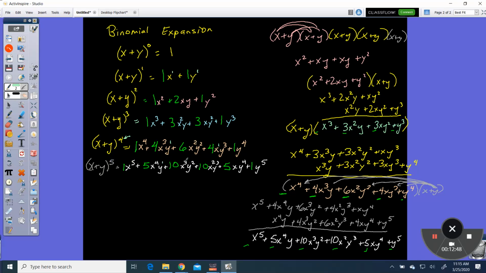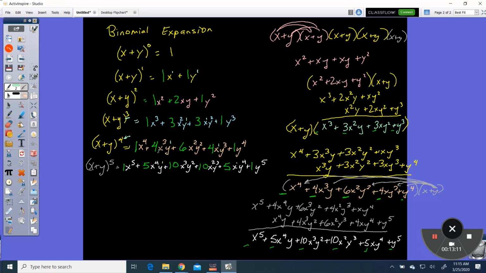So 4 plus 1 is 5, 3 plus 2 is 5, 2 plus 3 is 5, 1 plus 4 is 5, and there's 5. So on this one, with the 3, they're all going to be 3. There's a 3, 2 plus 1 is 3, 1 plus 2 is 3, and 3. So all of the powers will be the same as the power that we're expanding. So if it's cubed, squared, whatever.